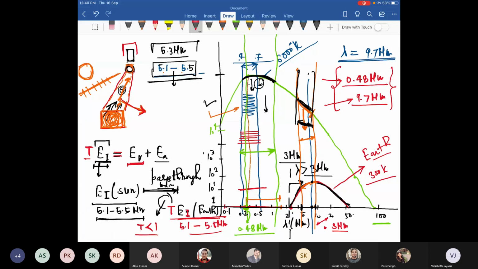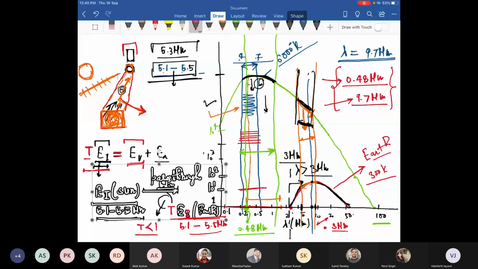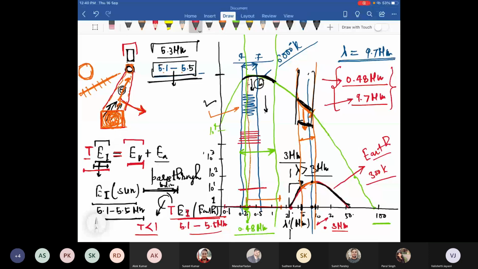Now this ER depends on the material property: how much of the energy T into EI is reflected back from the material. Again, the spectral composition will not change. The reflected energy component will again be in the same range, 5.1 to 5.5 micrometer.